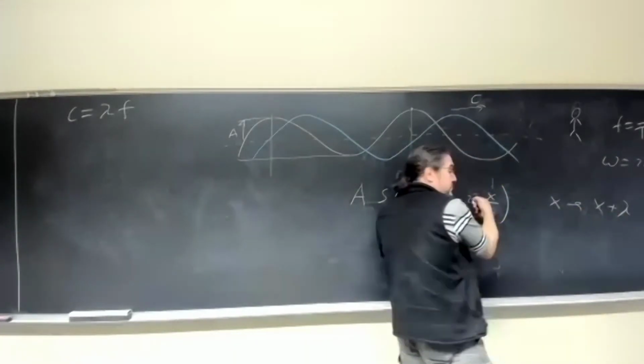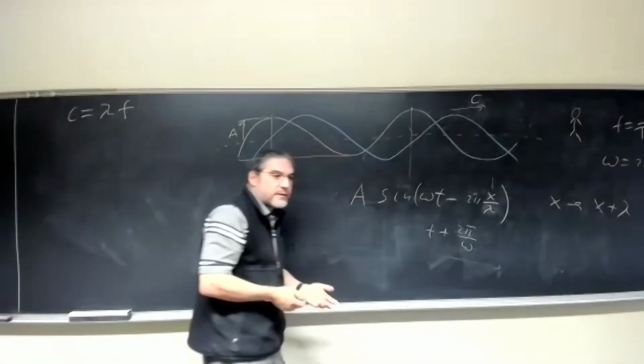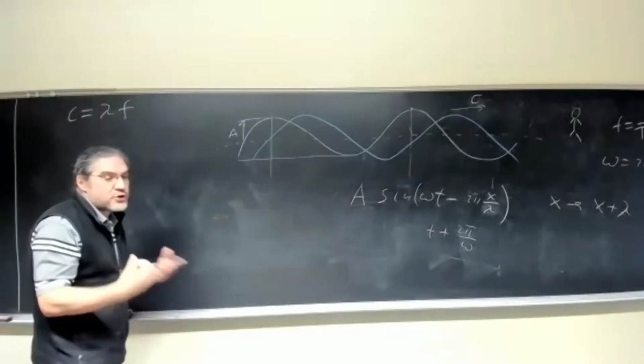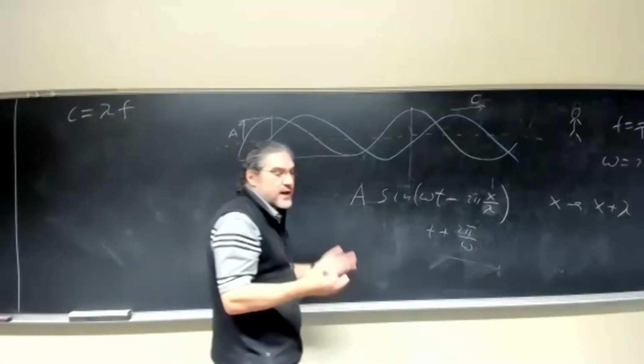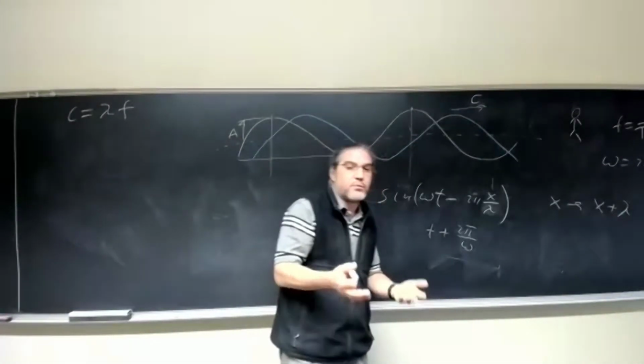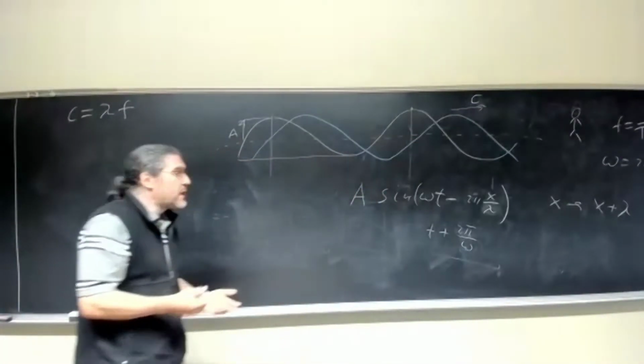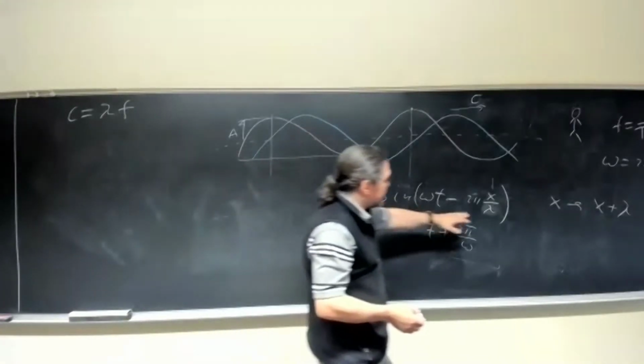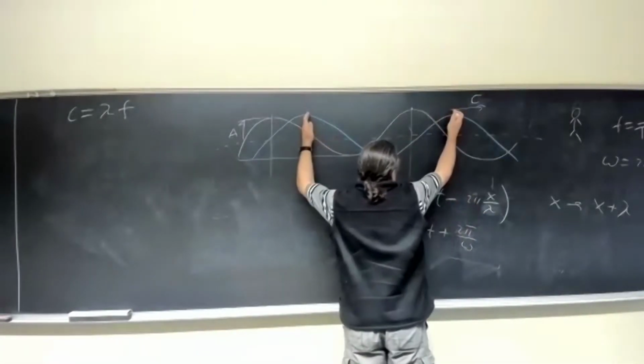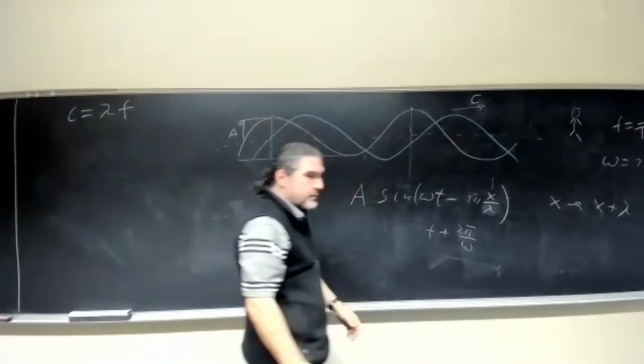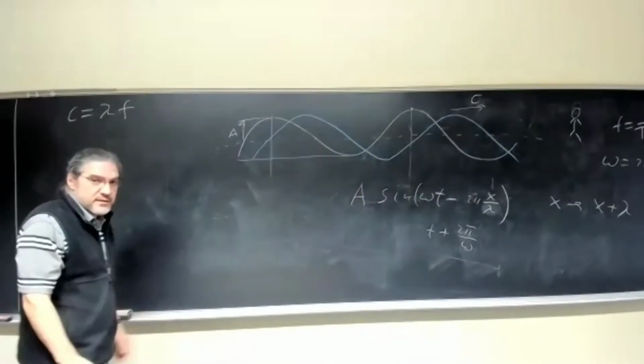I have just one, multiplied by 2 pi. It will give me a 2 pi shift. And so it again returns back to where it was, because it's again sine and you add 2 pi to the argument, right? So it means that lambda which is here is exactly the wavelength, right? Does it make sense?